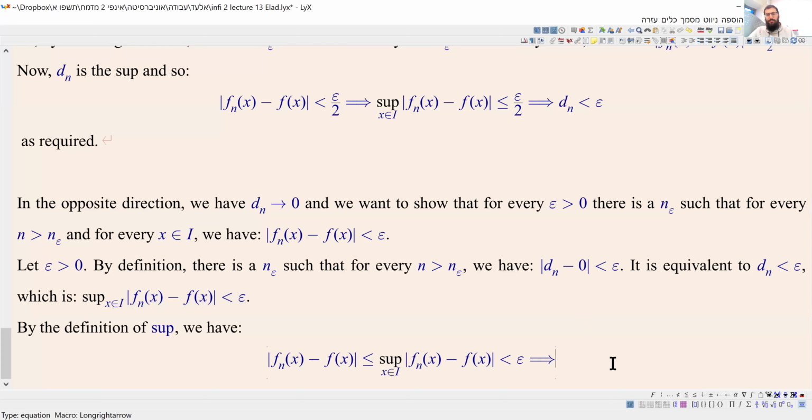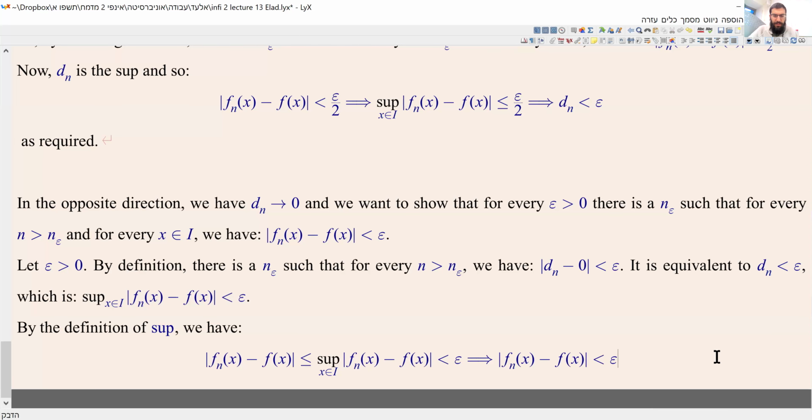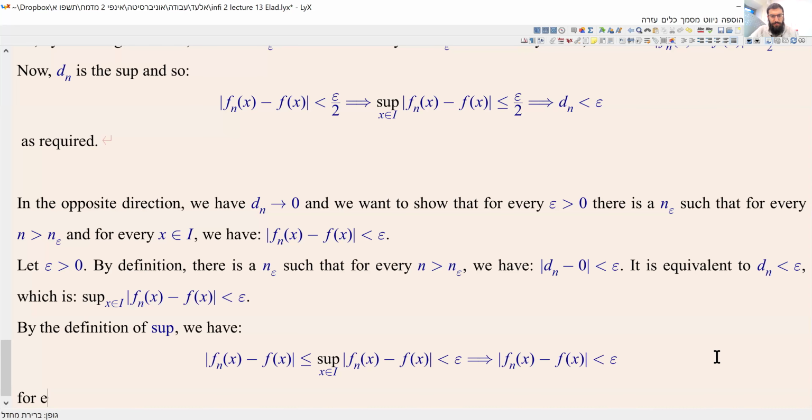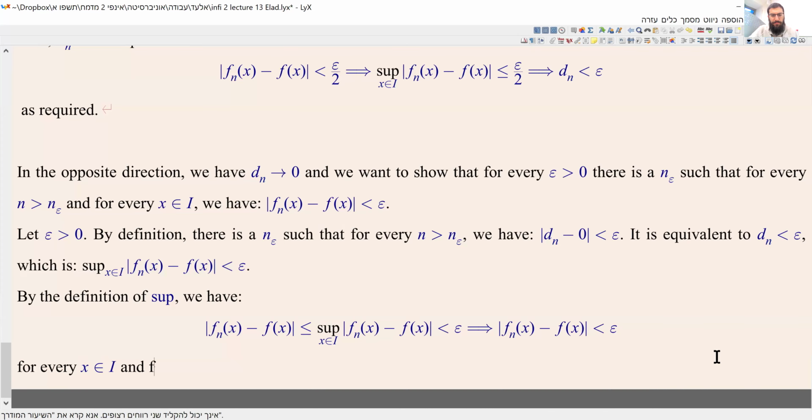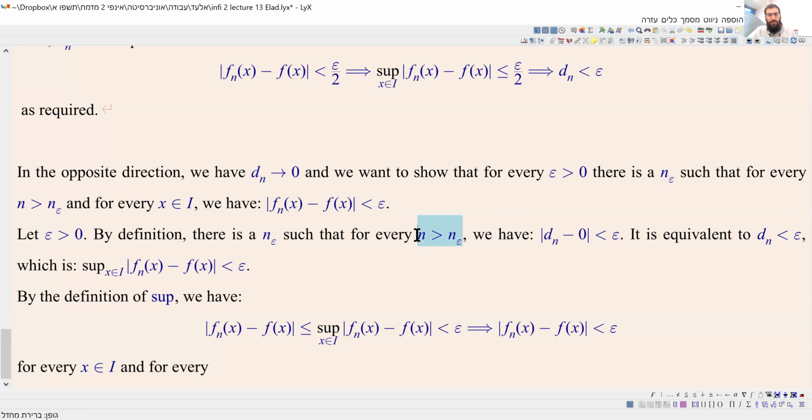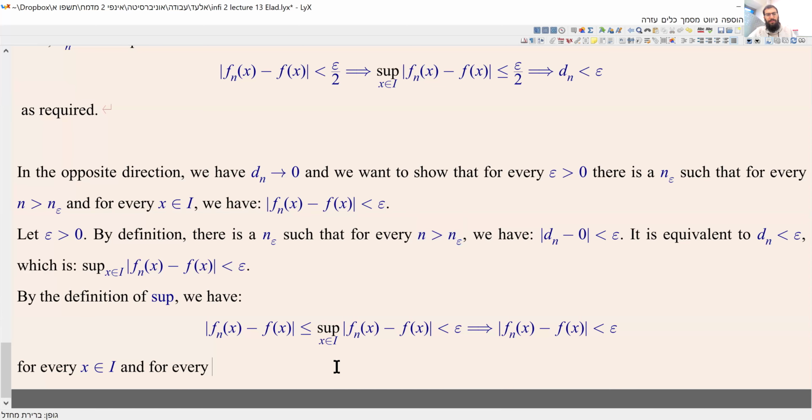And this is true for every x, because of the supremum, and for every n greater than n epsilon, as we already stated, by definition of limit. And if it is true for every x in the segment, for every n greater than n epsilon, then by definition, the sequence is uniformly convergent, as required.